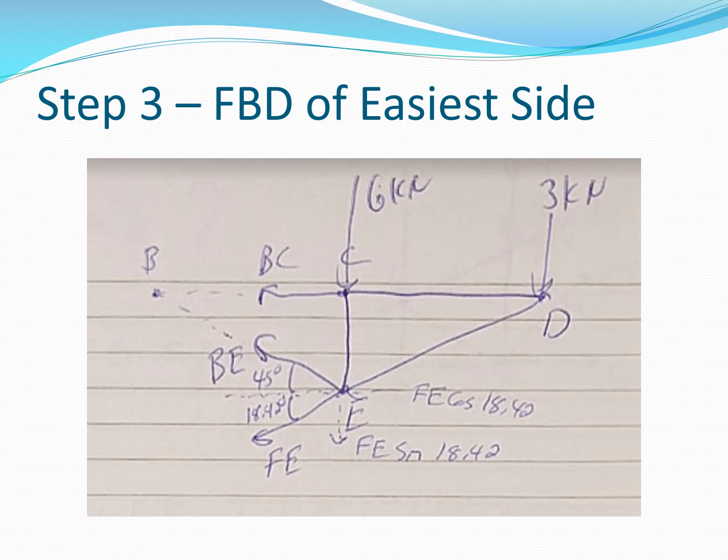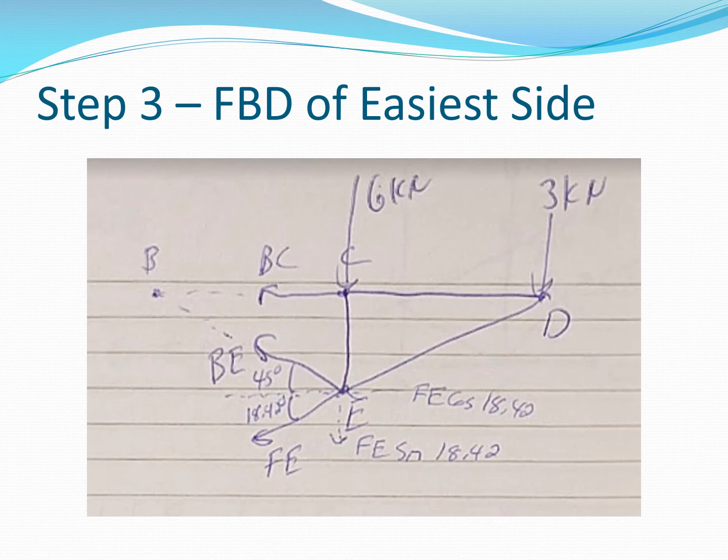And actually, the 6 kilonewtons will also fall out because those forces all go through point E. When I do point B, right, BC and BE will fall out. I'll be left with just FE, and the 6 and the 3 will still be there, and I'll be able to solve for FE in that case.